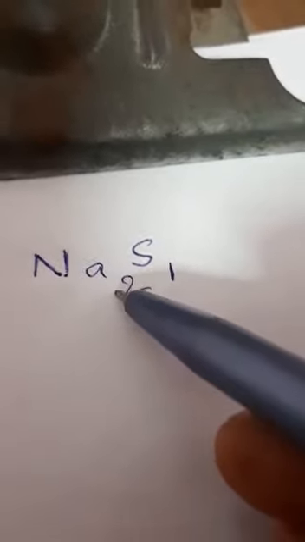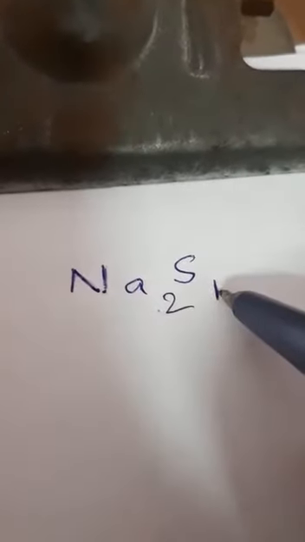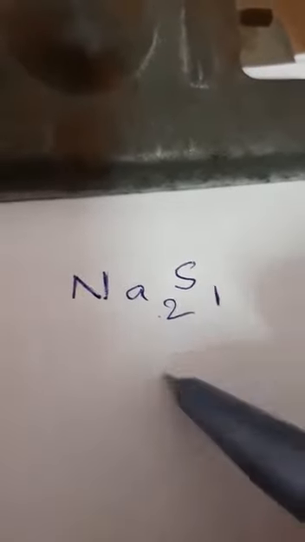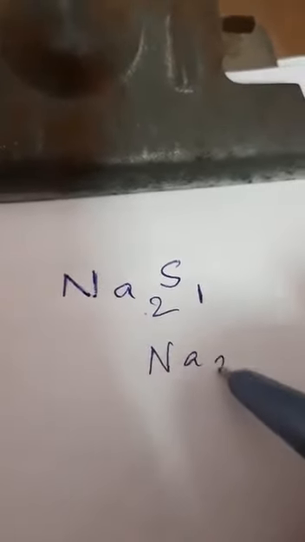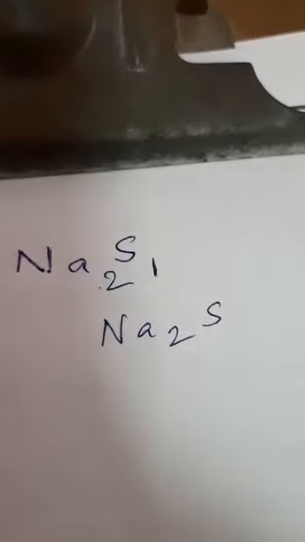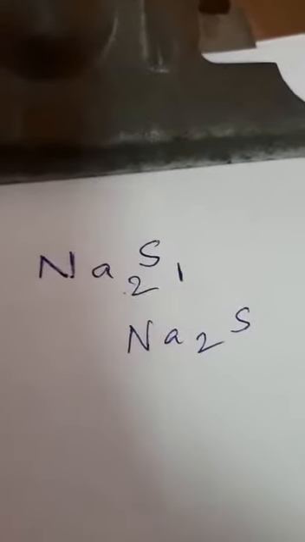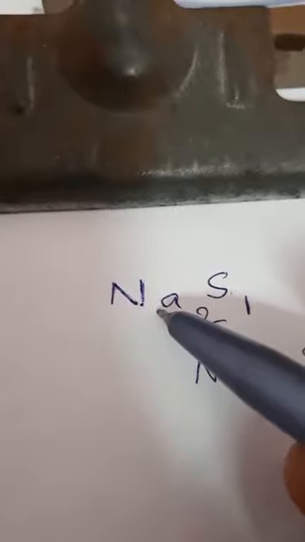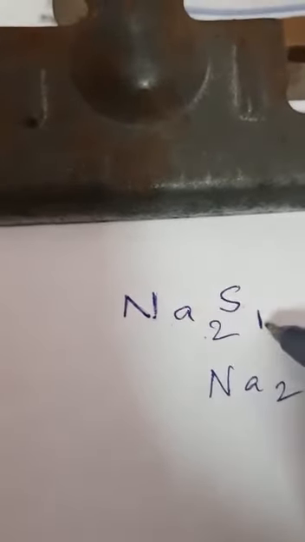So, and you do not require to write this one. It is sufficient to write this way, sodium sulfide. So, the valency of sulfur is 2, because the valency of sodium is known to me, it is 1.